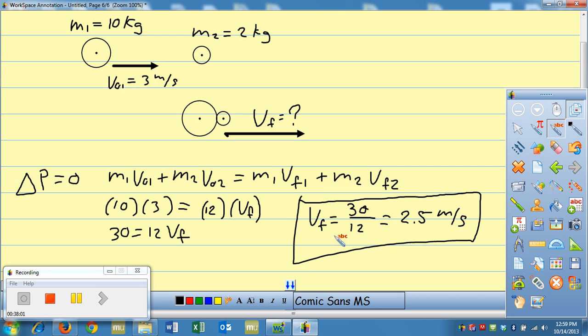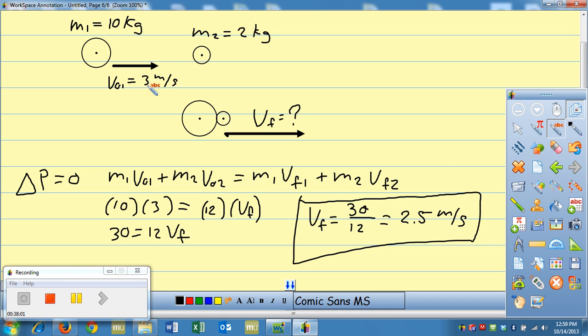Okay, now, one more thing I want to look at here. So, first of all, it slows down, which makes sense, because there's only a certain amount of momentum here. It was originally moving 10 kilograms, now it's moving 12 kilograms. So you're going to imagine that this velocity is going to have to go down, so that makes sense.